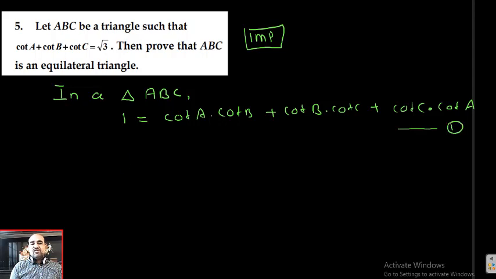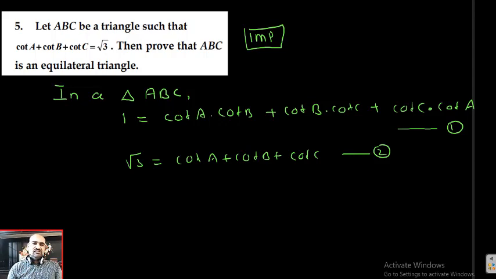What is given is root 3 equals cot A plus cot B plus cot C. This is second. These two are given. So by using these two, I want to prove that cot A equals cot B equals cot C.